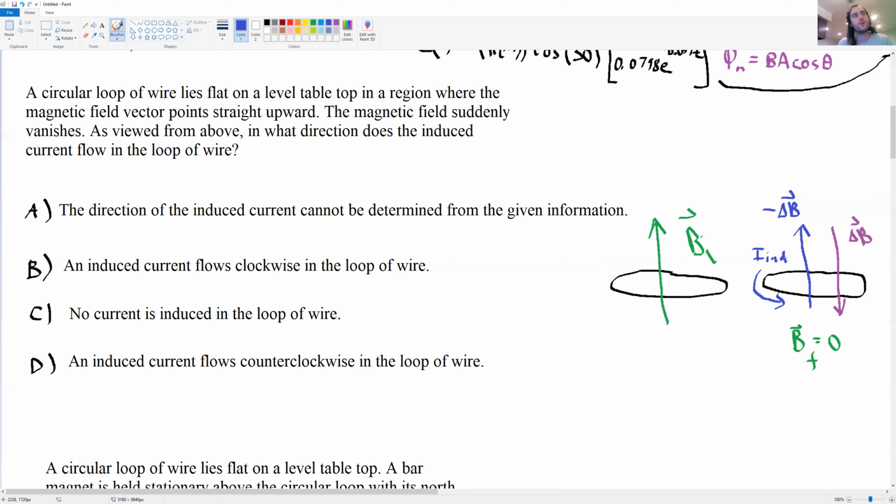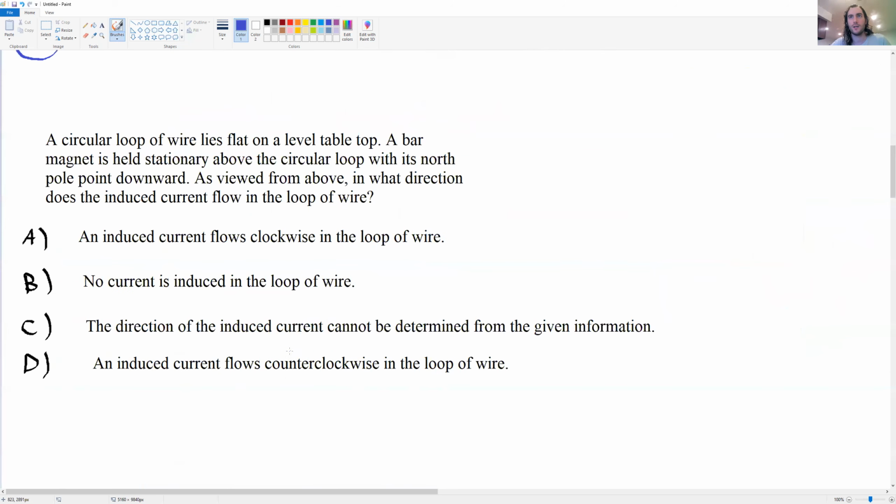If we view this from above, stick your thumb at your eyeball, look at your thumb, pointing towards your eyeball, and you can see that you're going around in a counterclockwise fashion. That would be answer D. Okay, we had universal agreement there for the most part, so we'll go to the next question.